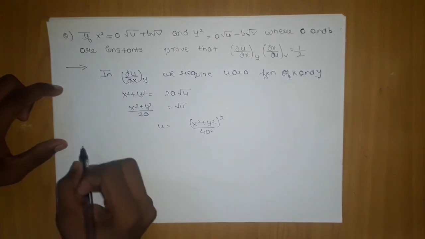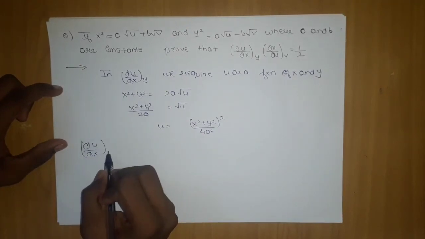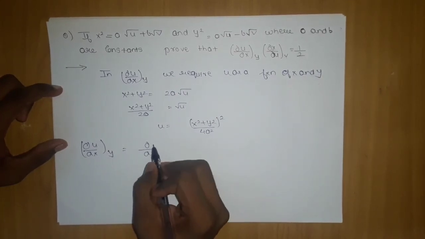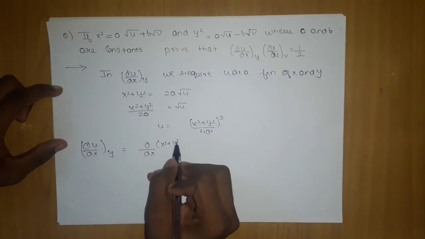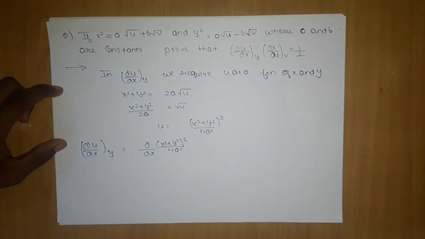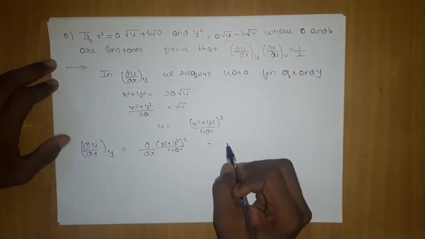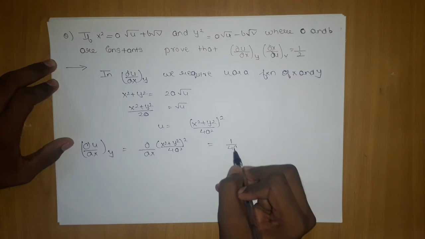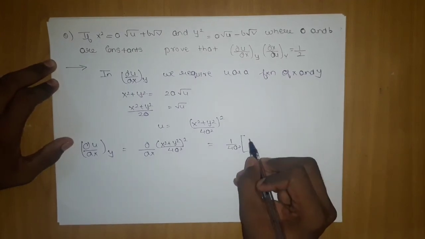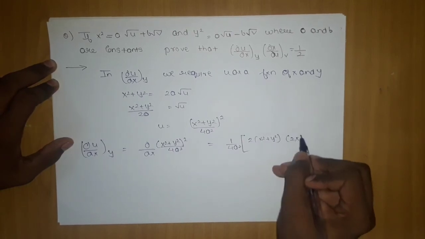Now what I want is ∂u/∂x keeping y constant, which is ∂/∂x of (x square plus y square) the whole by 4a square, the whole square. I will take 1 by 4a square common and differentiate this. If I differentiate this, I am going to get 2(x square plus y square) firstly into 2x.